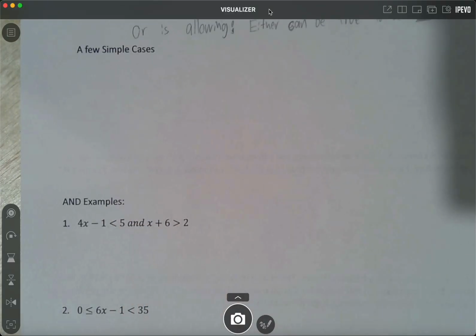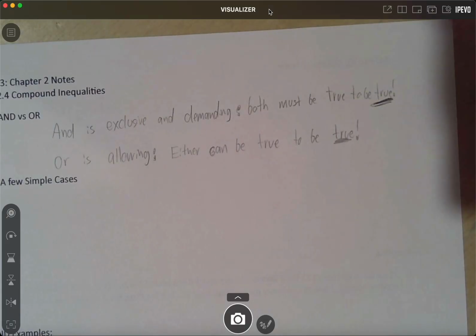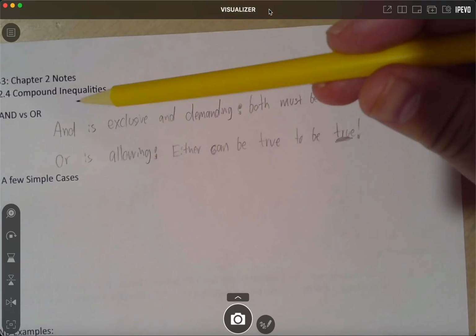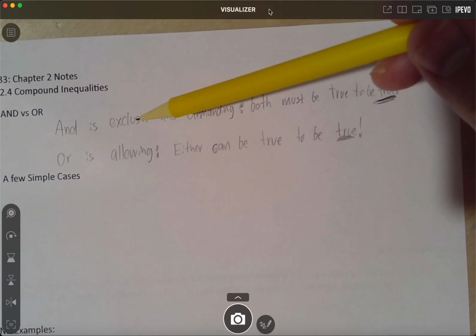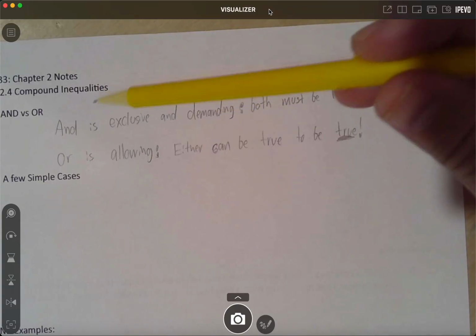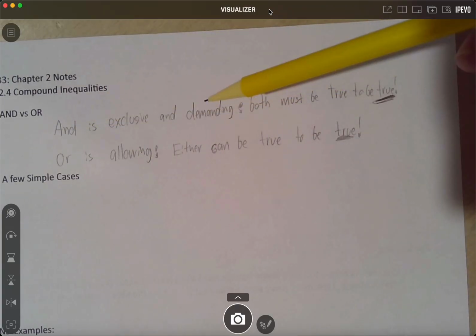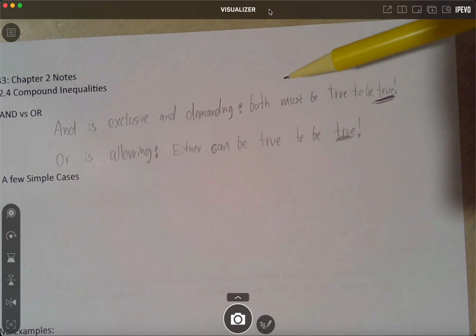We just need to understand what it means for and or, and how do we solve two equations at the same time. And so here's where we get my not true textbook definitions, but they make the case and they work. So the idea is that and is maybe the words are exclusive or demanding. And in fact, to say and is demanding, maybe that makes it stick in your head because it kind of rhymes.